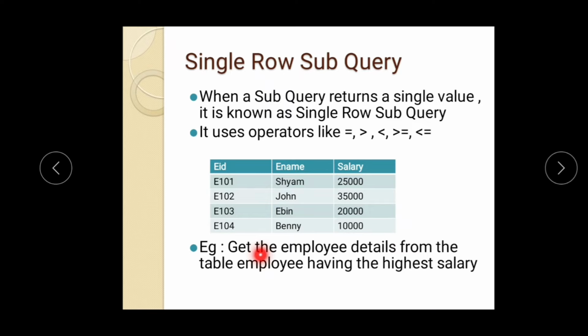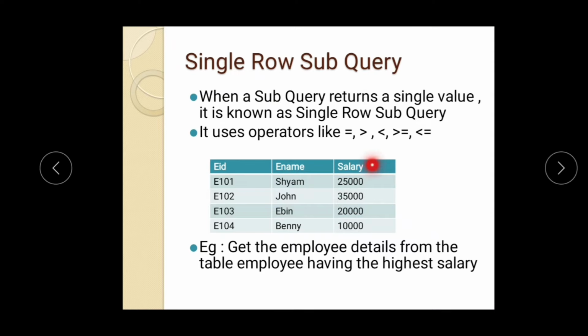For that we have to write the query. So how can we write the query? We need to write two queries. The question is: get the employee details from the table employee having the highest salary. First we have to write the inner query, to get the maximum salary, the highest value from the salary attribute.